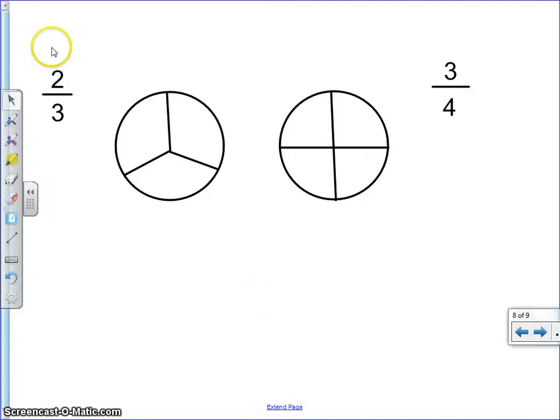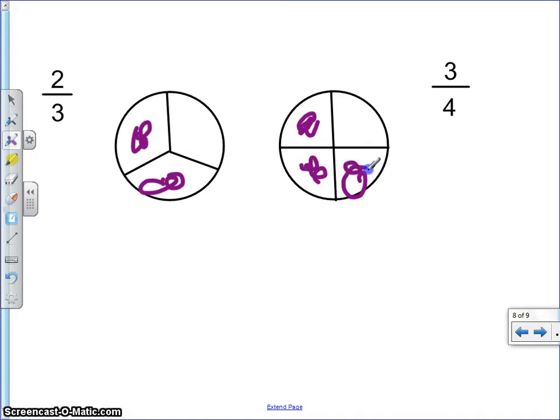like I did here. I'm comparing 2/3 to 3/4. So I drew two circles that are the same size. Remember, they have to be the same size in order to compare. And then what I do is I color in 2/3, and then I also color in 3/4. And I can look at them and compare them, and I'm simply asking myself, which one looks bigger?